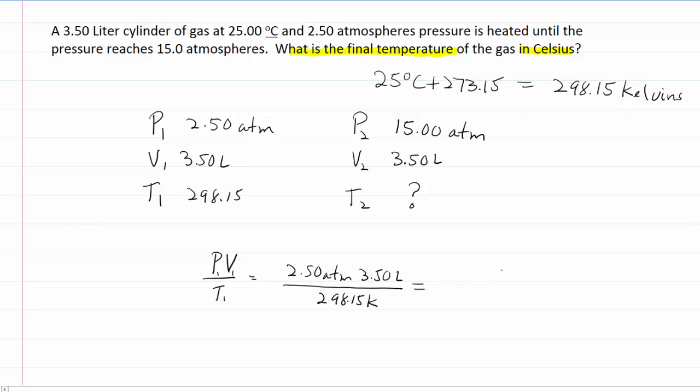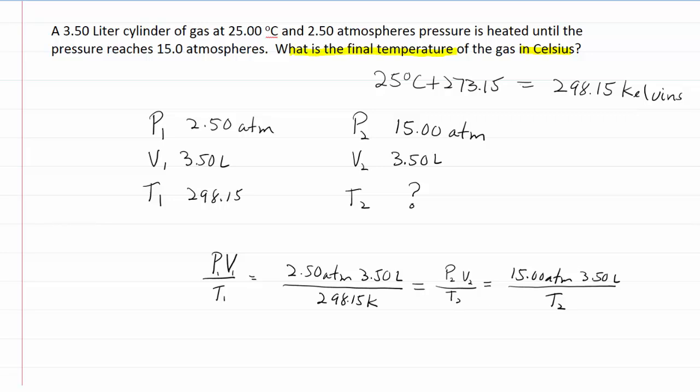And that's going to equal my final conditions, which are 15 atmospheres. My volume is still 3.5 liters, and T2 is what I do not know.